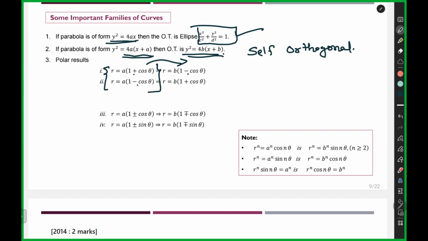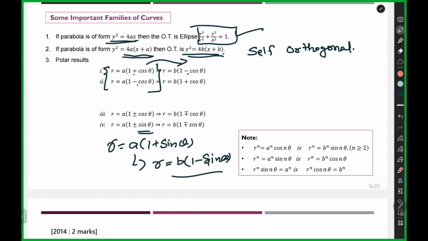In the same case, if we have sin theta in place of cos theta, if I say r equals to a times 1 plus sin theta, then its orthogonal trajectory is r equals to b times 1 minus sin theta.